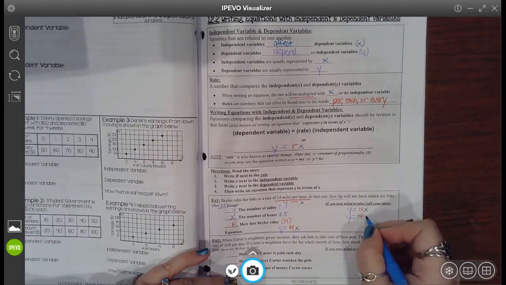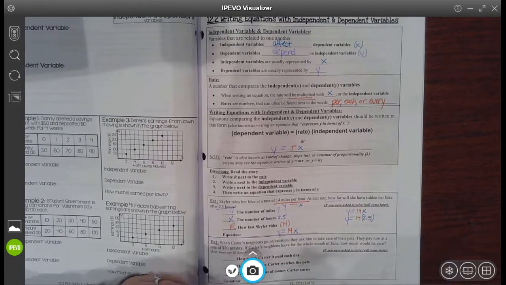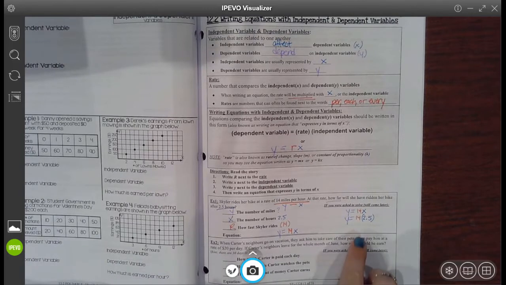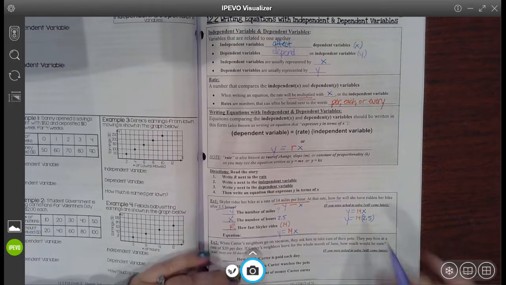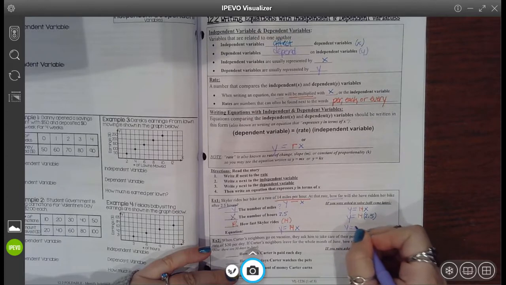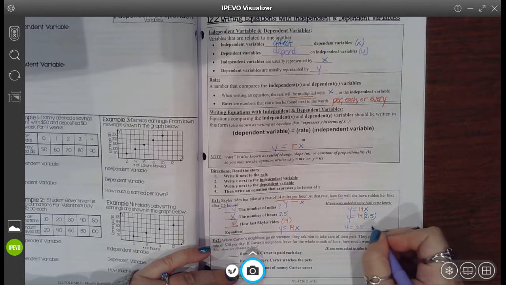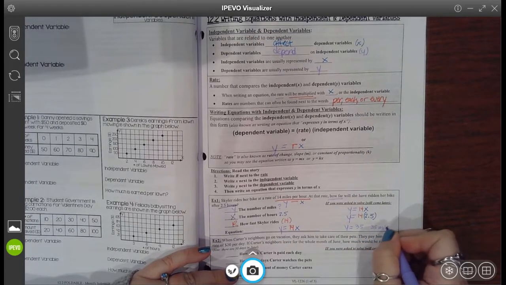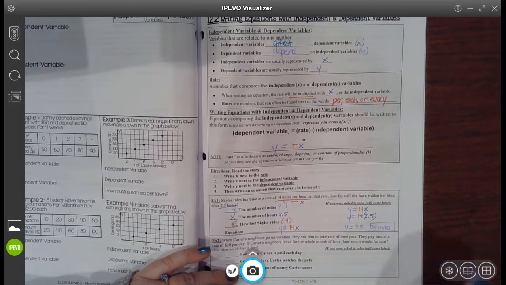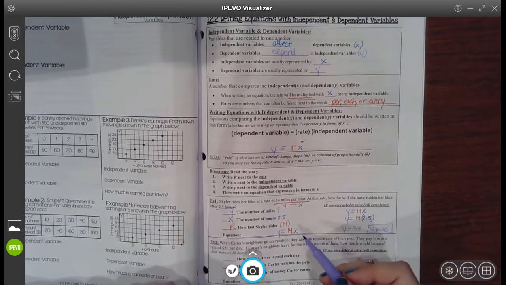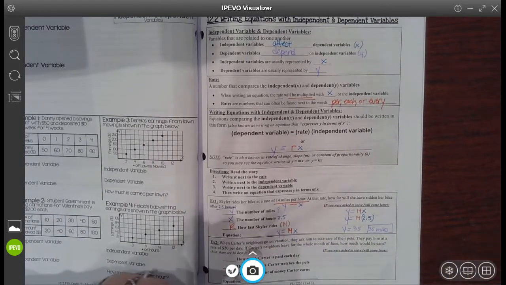So what if x, the number of hours, was 2.5? How far would she have gone? So then you just plug it in and see what your answer is. 14 times 2.5 is what? 35. So 35 miles is how far she'll go after 2.5 hours. But again, right now we're just looking for the equation.